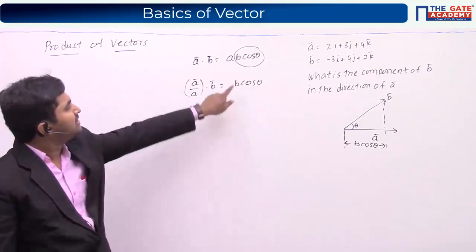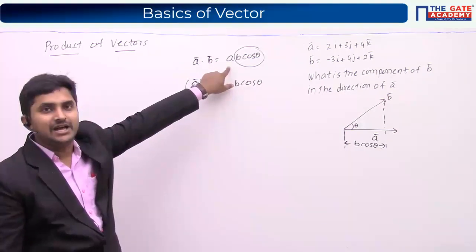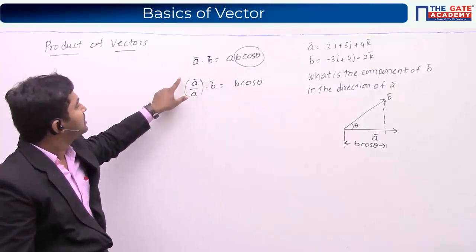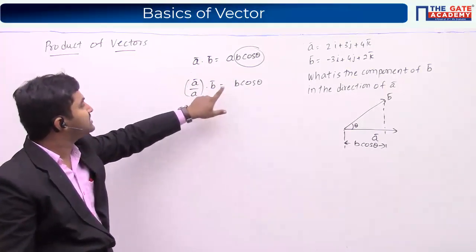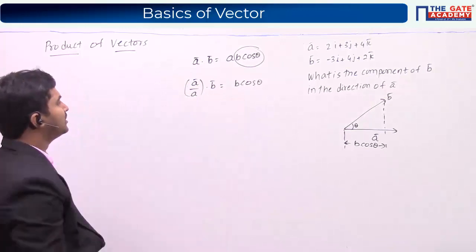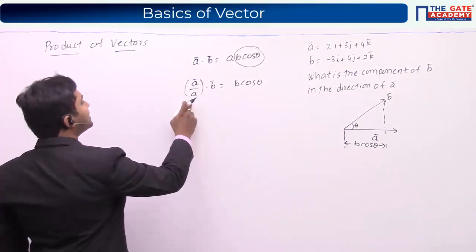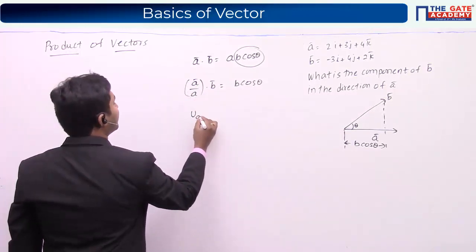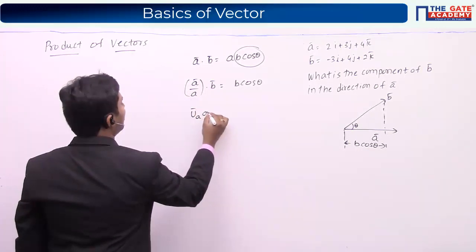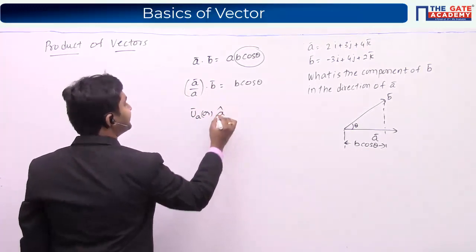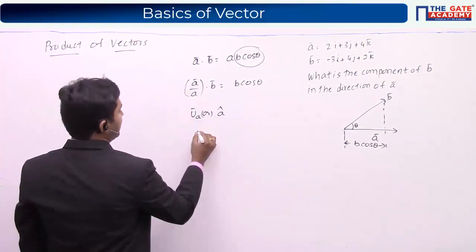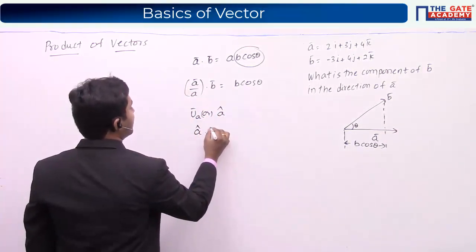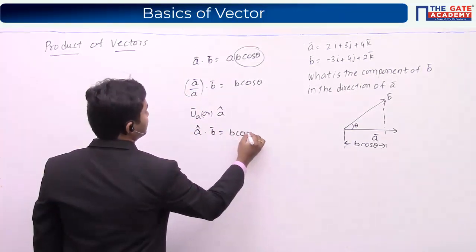Whatever A is present, I am taking it to the other side, so it becomes A bar by A dot B bar equals B cos theta. Now A bar by A is nothing but the unit vector of A, or I can call it A cap. So A cap dot B bar is nothing but B cos theta.